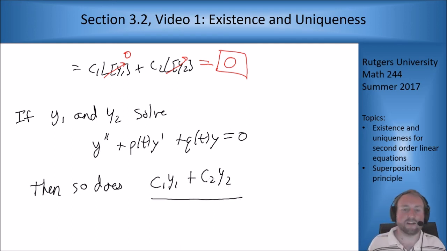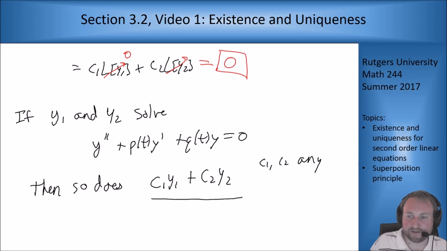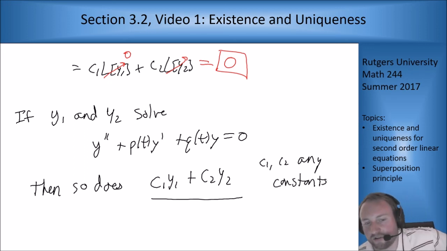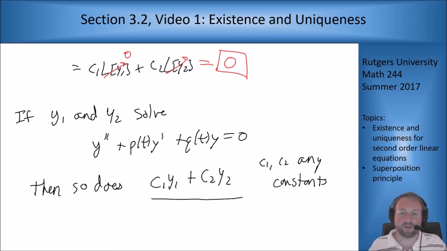So the idea is that from two solutions here, I get an infinite family of solutions with two parameters because this C1 and C2 can be any constant. So if I'm just getting any two solutions, I get an infinite family with two parameters for my solutions.